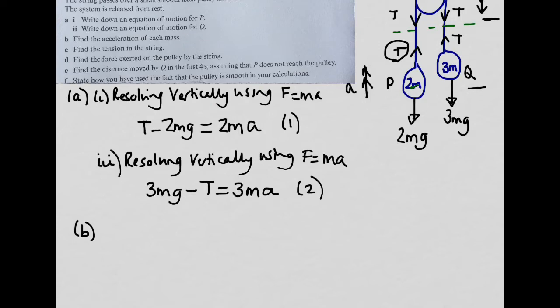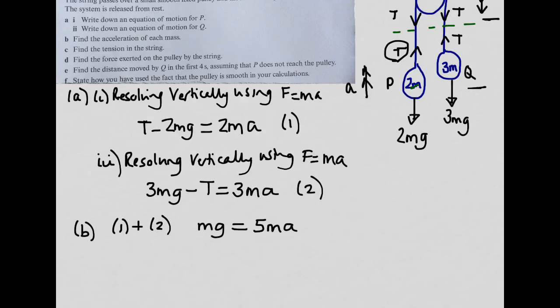And if I want to find a, I need to eliminate T. To eliminate T, I would add my equations together. So T, take T, they would be eliminated. Negative 2mg, add 3mg would be mg. And on the other side of the equal sign, I've got 2ma, add 3ma, which is 5ma.